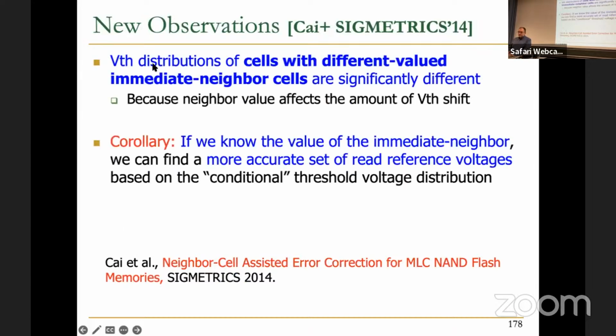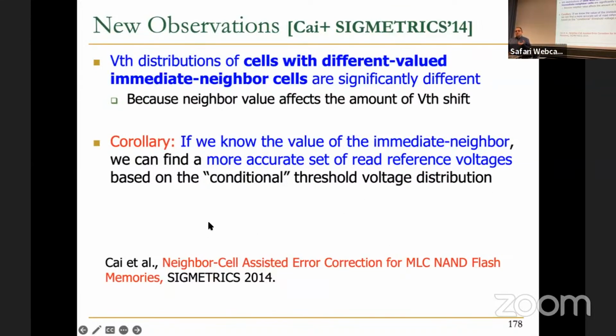The thing is that the threshold voltage distribution of cells with different immediate neighbor cell values are significantly different. That's our observation in this work. Depending on the value of your neighboring cells, you're going to get a different distribution for your threshold voltage. And if we know the value of the immediate neighbor, we can find a more accurate set of read reference voltages based on the conditional threshold voltage distribution.